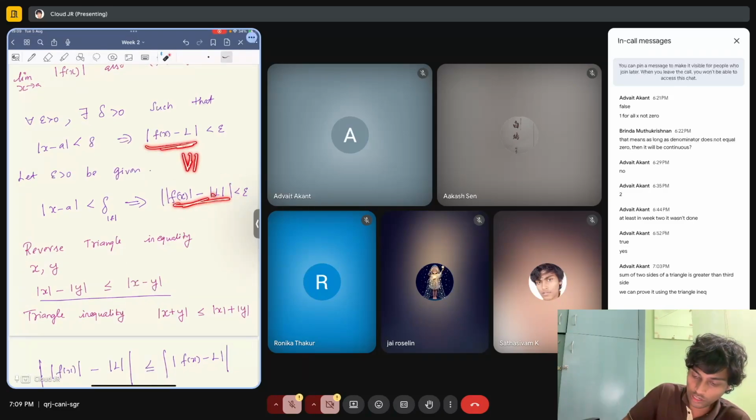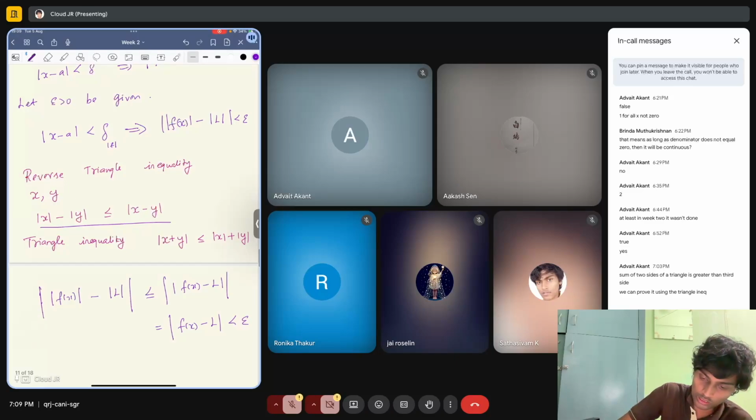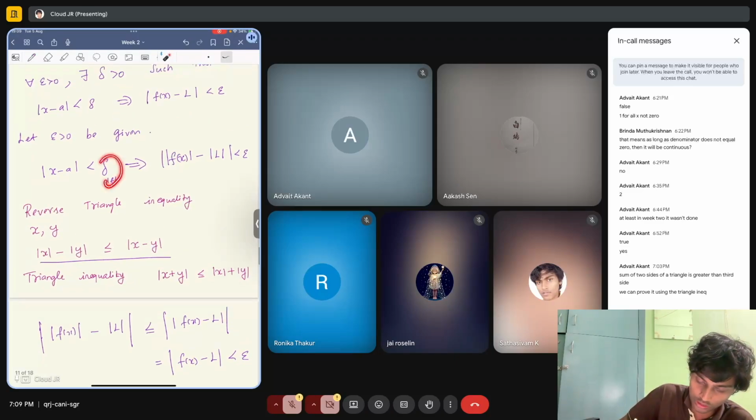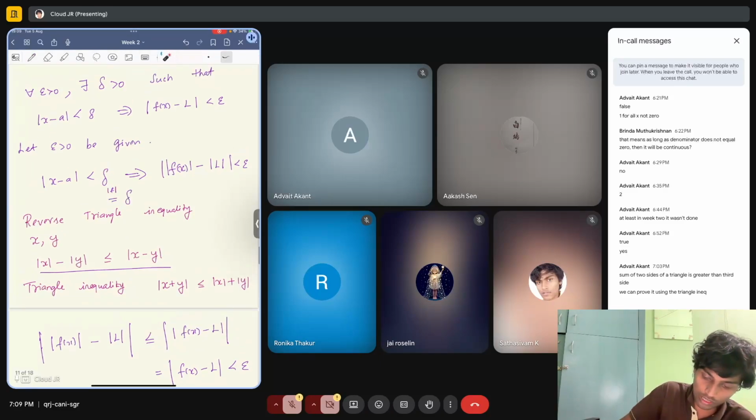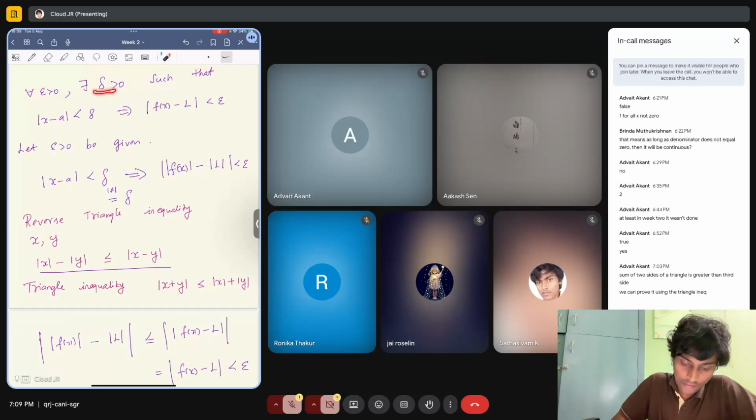Okay. And this part is of course less than or equal to whatever epsilon you have, provided you choose a delta. But if you observe here, the delta for mod f you can choose as the delta itself, where the delta comes from your first limit. So you can choose the same delta.